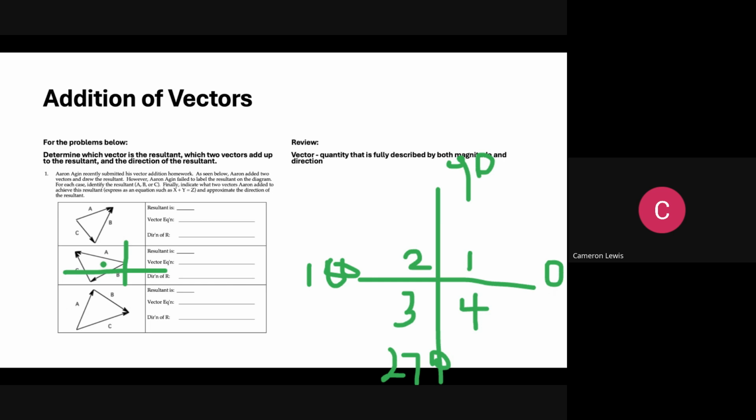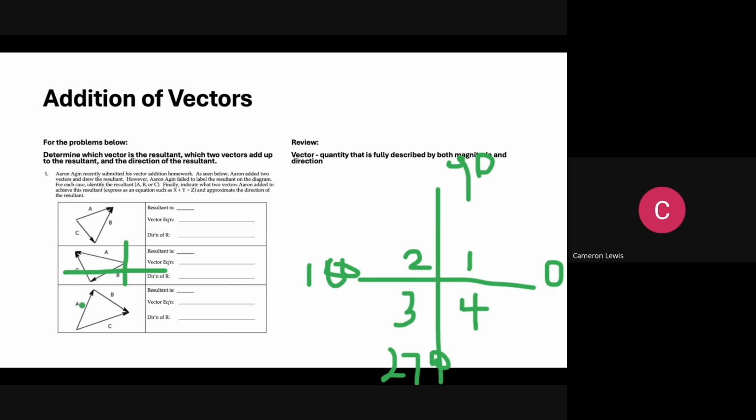Give me the last one. Is it B plus C equals A again? No. Trust yourself. Go back to the first thing you said.